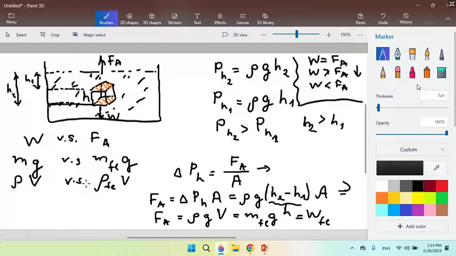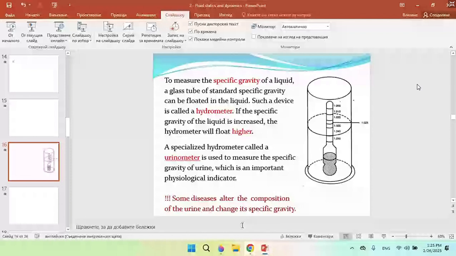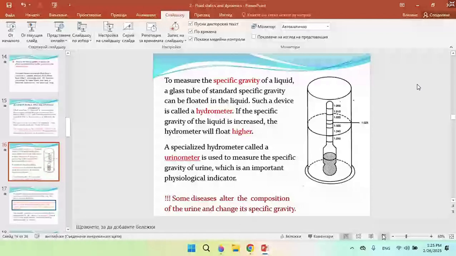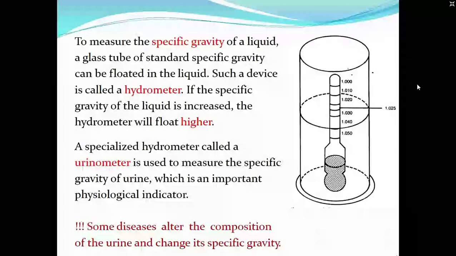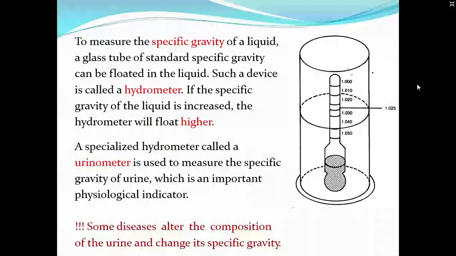So we will come back here presently, but let me switch on the presentation to see, using exactly what I have just explained, the mode of operation of a device which is called a gravimeter, which is used in clinical laboratories to measure the so-called specific gravity or relative density of liquids.